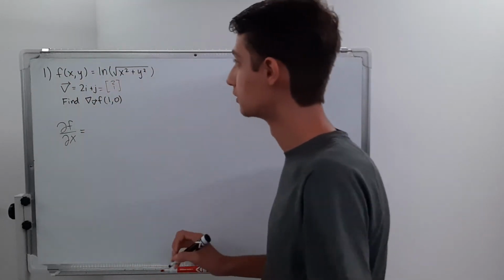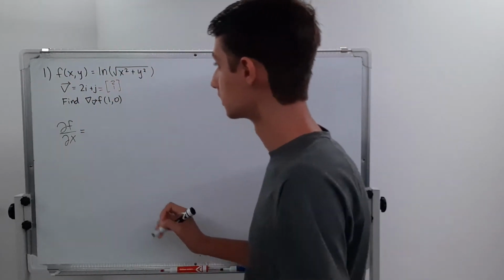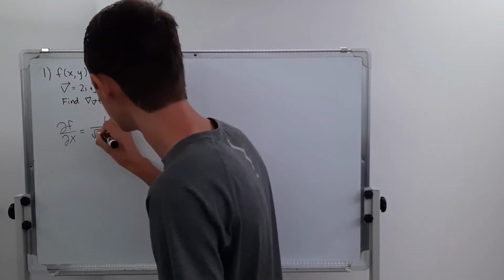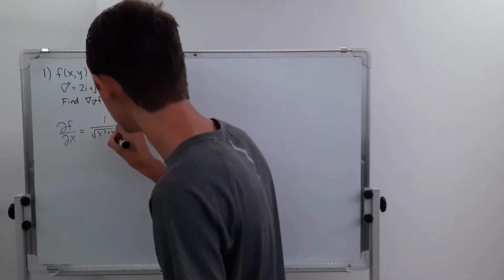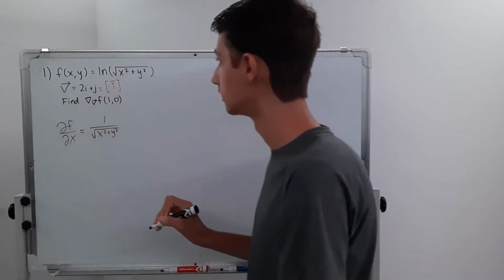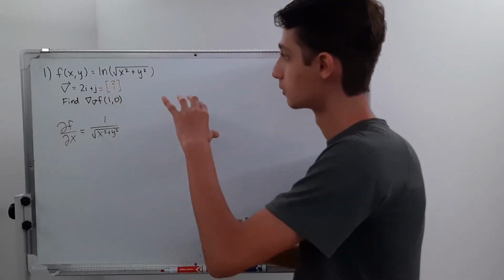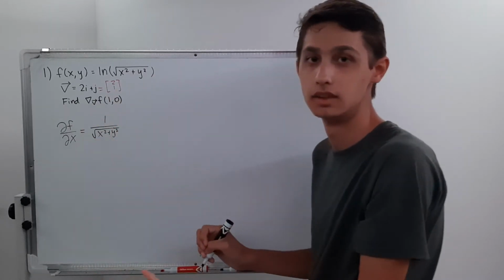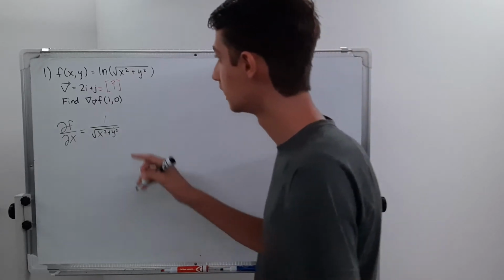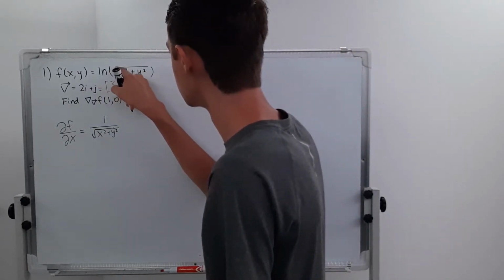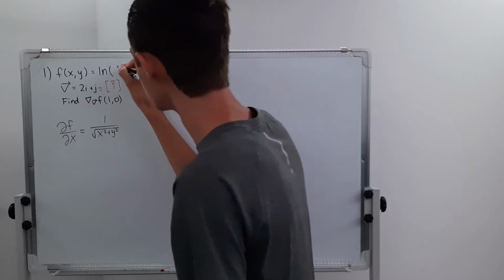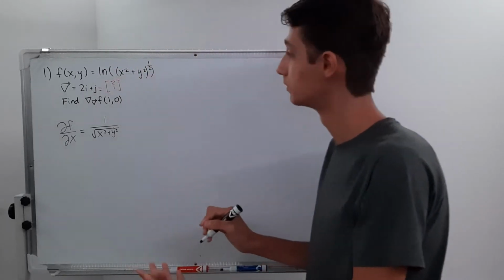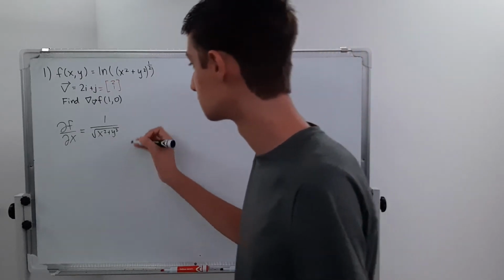For our partial derivative with respect to x, we start with the chain rule, so it's 1 over our function, x squared plus y squared. Since we're taking a partial derivative, we're going to keep y as a constant while only dealing with x. To make this easier, we can raise that to the 1/2 power, so we can do this portion of the chain rule.